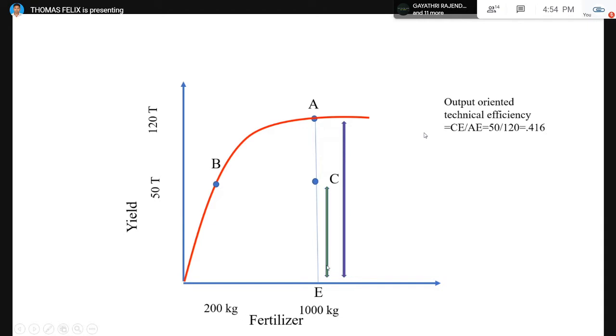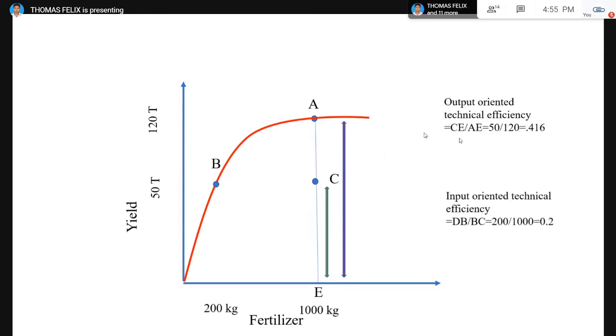That means we can improve the yield of Chinnasamy with the same level of input. With using the 1000 kgs of input, we can increase Chinnasamy's yield because Chinnasamy is technically inefficient. So we can increase his yield by 0.41. This is the case of output oriented technical efficiency.